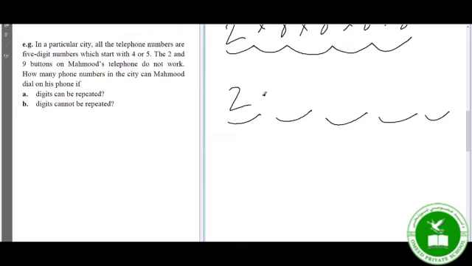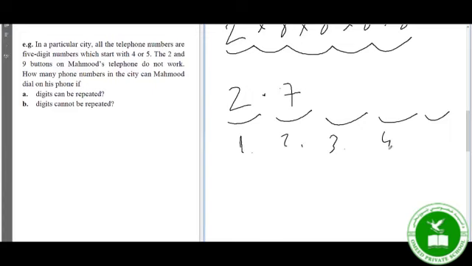But for the second one, if he uses 4 or 5, one of them, then for the second digit he has 7, because the first digit cannot be repeated. So he has 7 choices for the second digit.